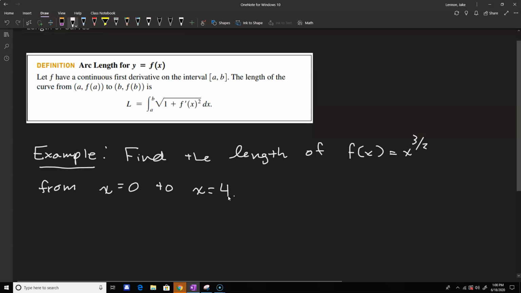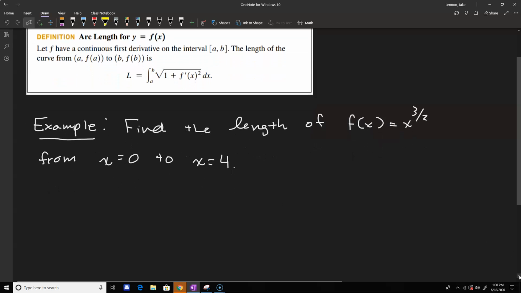Okay, so first thing to apply this is we have our interval, so we want to find the derivative and then plug that into what we're integrating. So let's just recall that f prime of x here is going to be 3 over 2 times x to the 1/2.